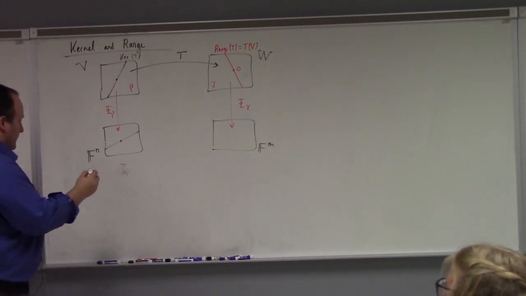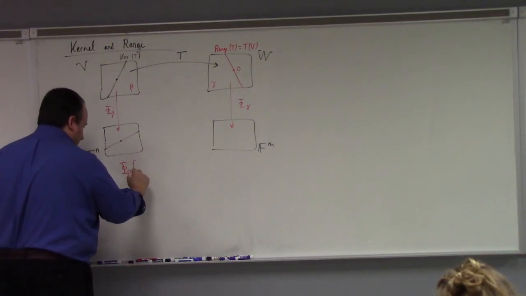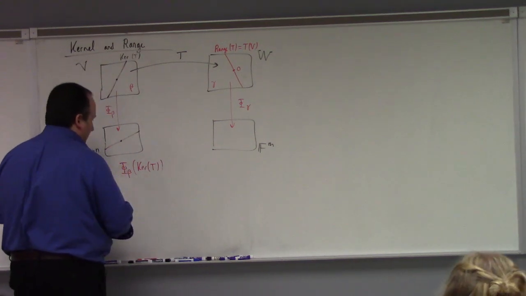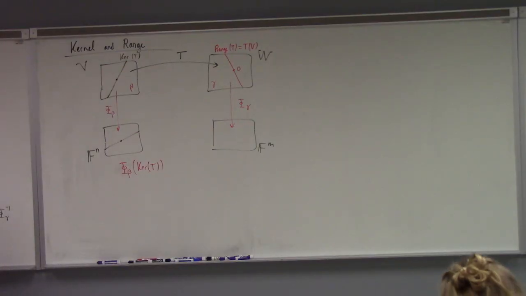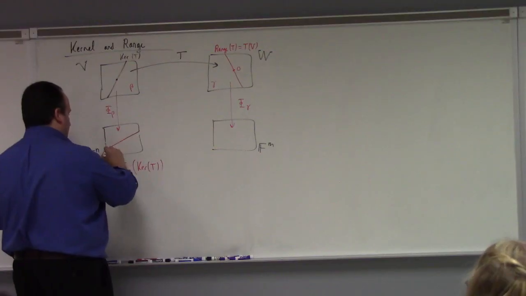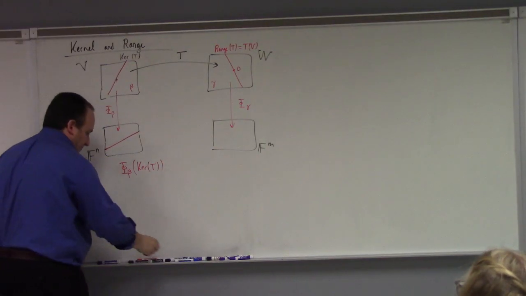So this is phi beta of the kernel of T, that's right here. I was trying to use some color coding here.